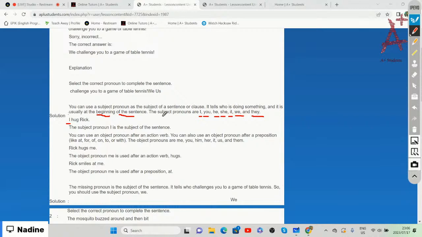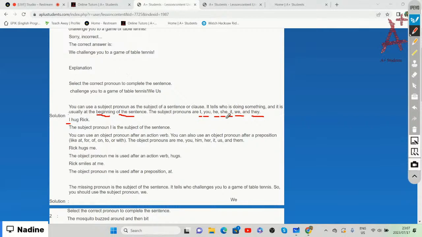Then we have object pronouns, right? So an object pronoun you will find after an action verb. So we can use an object pronoun after an action verb, right? Which means that a subject pronoun you will usually find at the beginning of a sentence, but an object pronoun you can usually use after the action verb within that sentence, right?